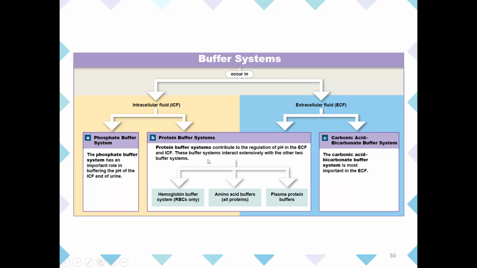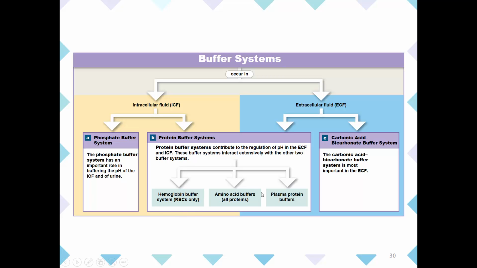In fact, when the red blood cell picks up carbon dioxide at the tissue, CO2 combines with water and hydrogen ion is formed, and we said it binds to hemoglobin because hemoglobin can buffer those pH changes. That's this hemoglobin buffer system.